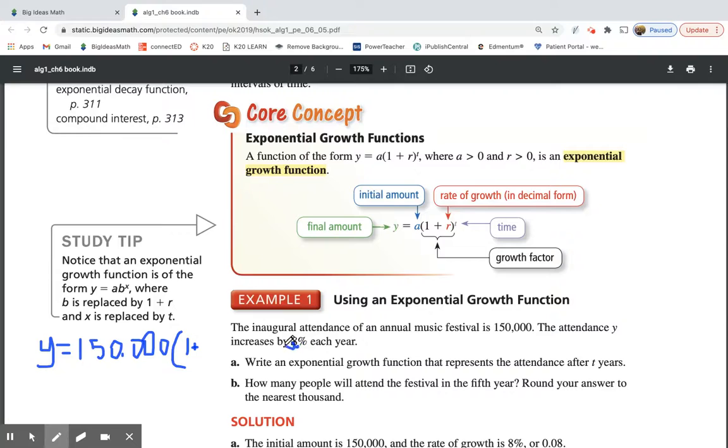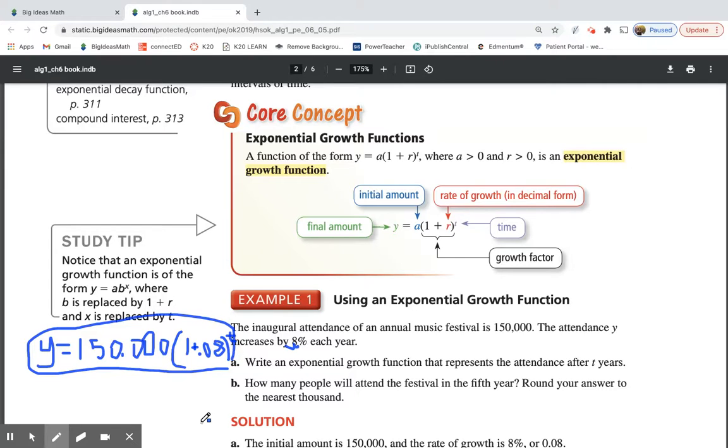Change it to a decimal by moving it 2 times, 0.08, all raised to the t power. So that is our exponential growth function, but we can simplify it a little bit. We can't do much because we don't know what t is. So 1 plus 0.08 is 1.08 raised to the t power. That's all you do for part A. You're just setting up that function.